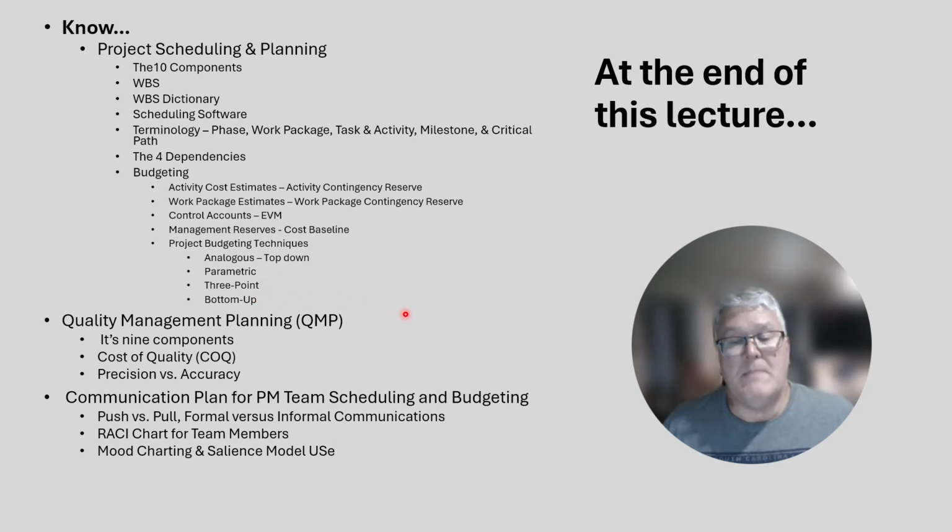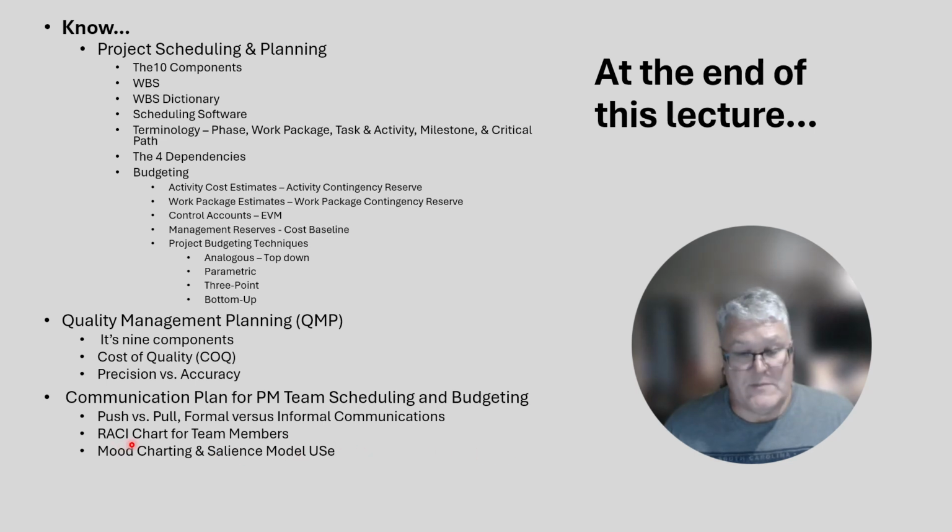And then quality management plans for scheduling and planning. Know the 9 components. Understand or know what cost of quality is and the 4 levels of it. Know the difference between precision and accuracy. And then realize that you're going to have a communication plan for team scheduling and budgeting and planning.